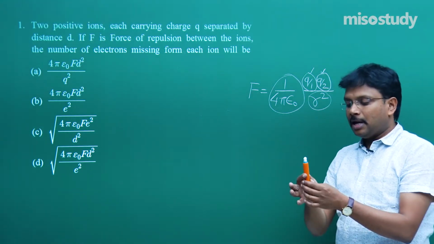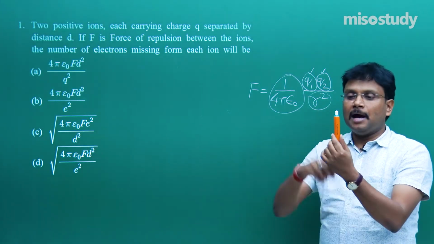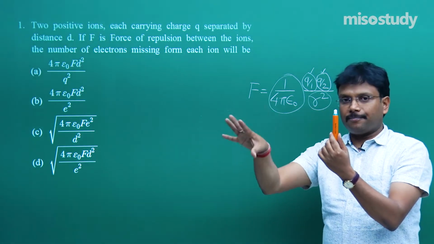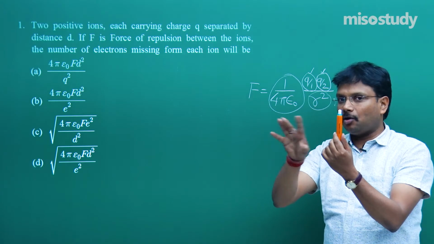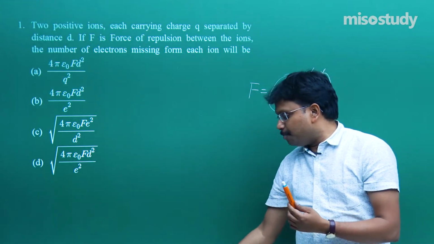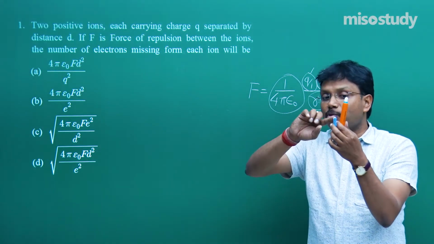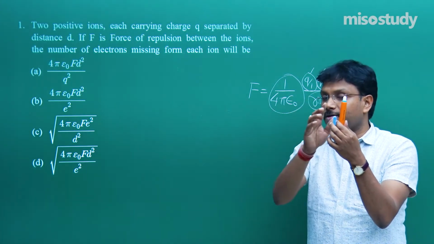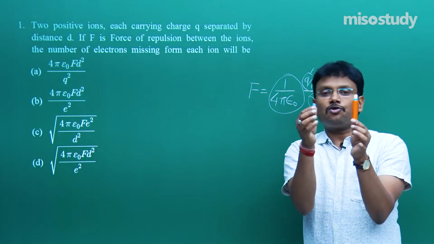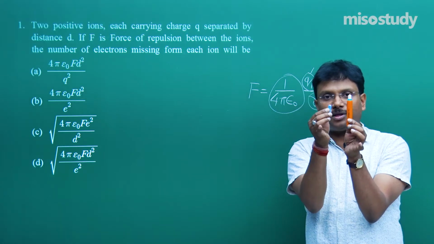Let's say this is a charged body, and if I remove a certain number of electrons, the body is going to be positively charged. Let's say this blue chalk is another body. I remove a certain number of electrons, now it is also positively charged. So both are now positively charged. Now if I try to bring them closer, what will they do?